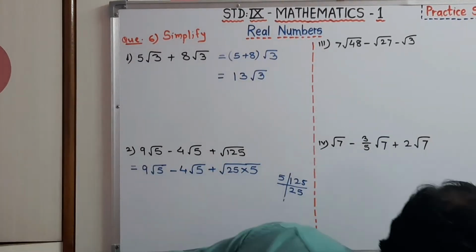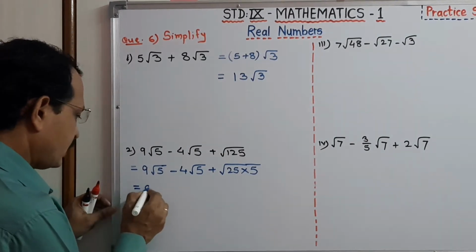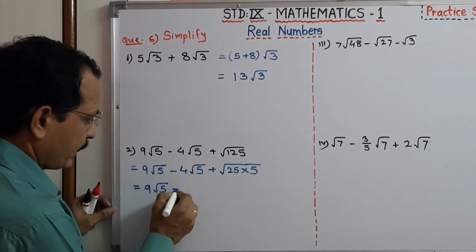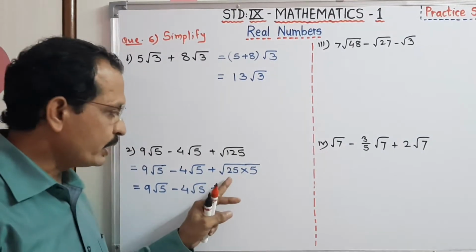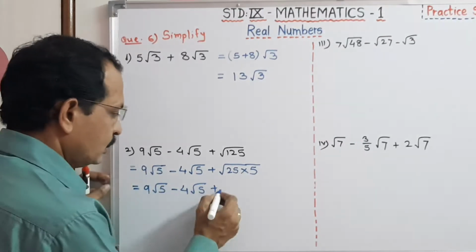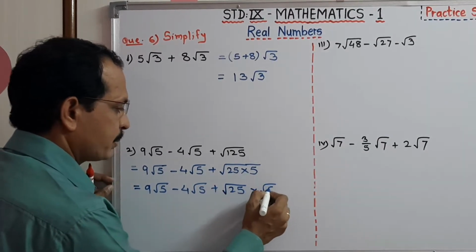Now see what to do next. Here 9 root 5 minus 4 root 5 plus this root 25 we have to take out of the radical sign. For that purpose we write it separately.